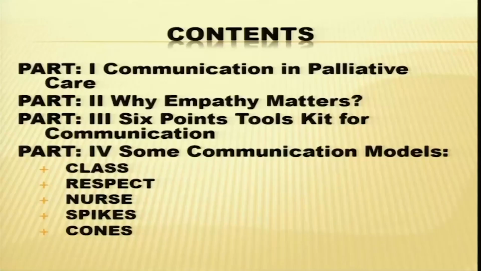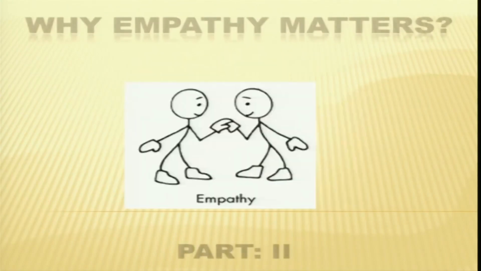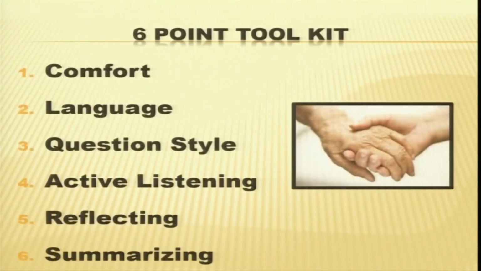And then there are certain important protocols which we discuss in brief. So let us see part 3, 6-point toolkit: comfort, language, question style, active listening, reflecting, rephrasing, summarizing. We will just see all these 6 points in brief.